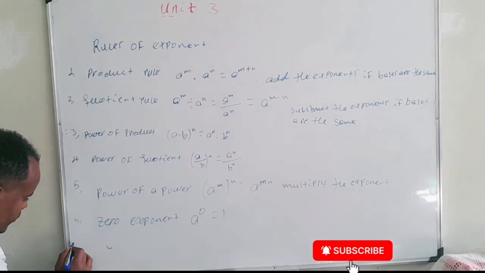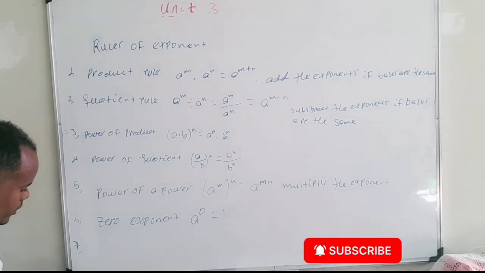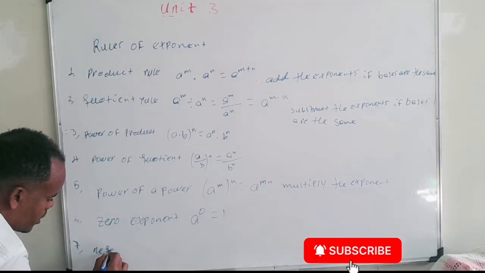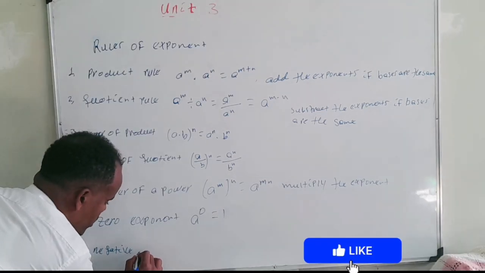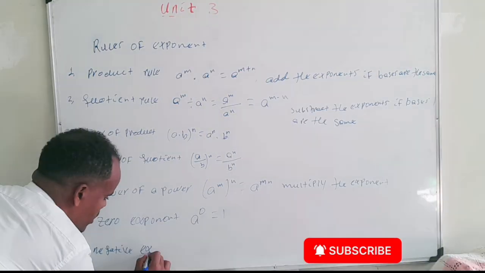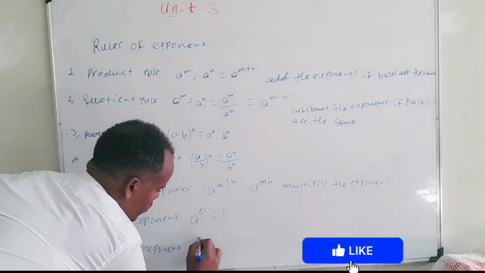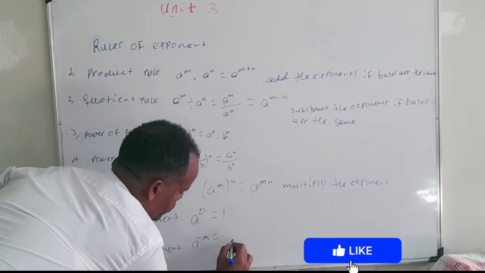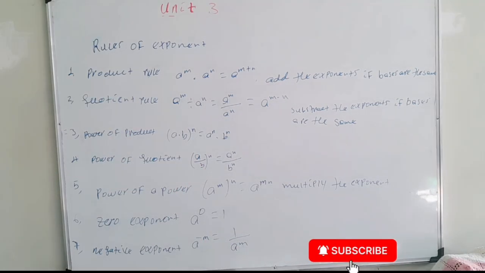And the seventh rule is the negative exponent rule. a to the power of minus m is equal to 1 over a to the power of m.